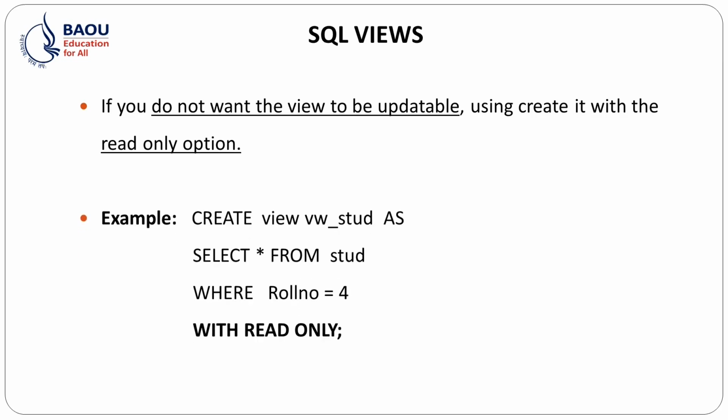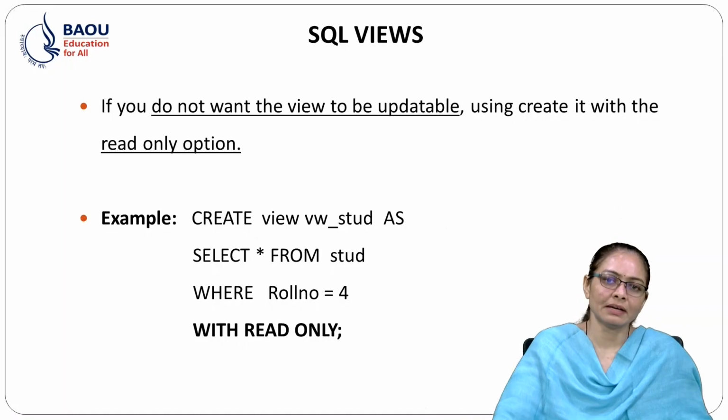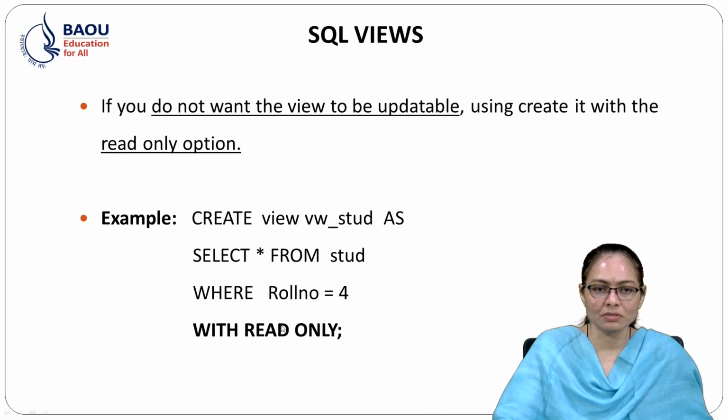Example: create view view name as select star from student where roll number is equal to 4 with read only. This option is used if you do not want the view to be updatable. Here we create the view with the name vw_stud.